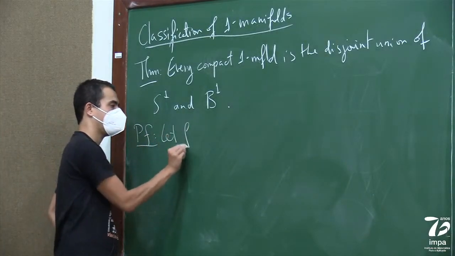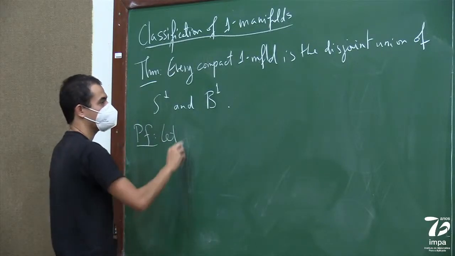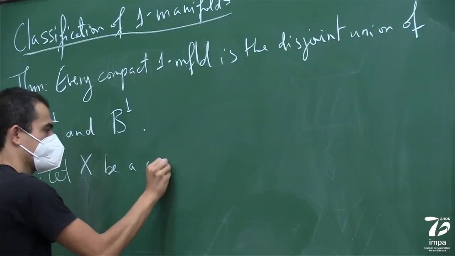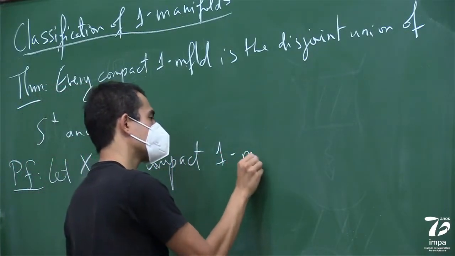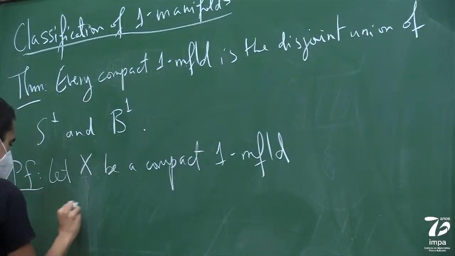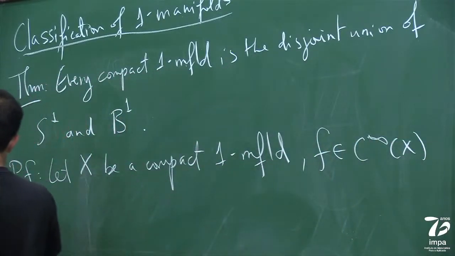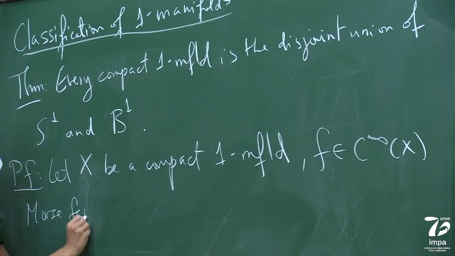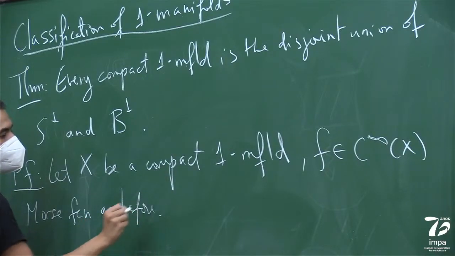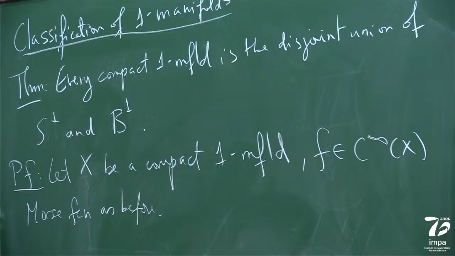So let X be a compact one manifold, and let F be a Morse function as usual, with the property that there are no critical values on the boundary, and on the boundary the function attains its maximum, and nowhere else. Okay, so that means you can reconstruct the manifold just using handle attachments.